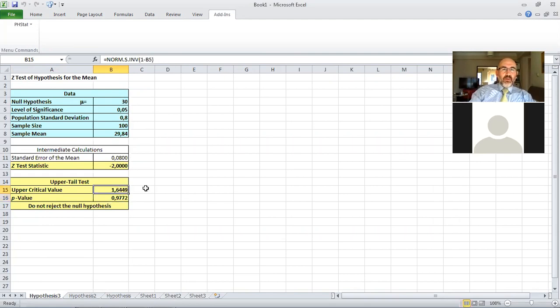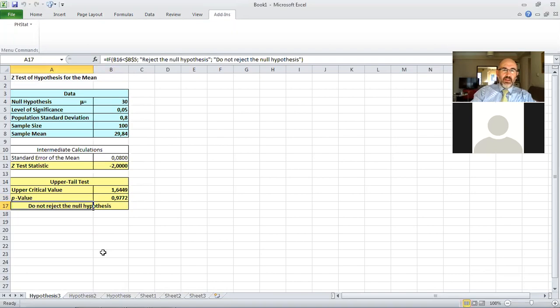What is the critical value? The critical value is actually plus 1.64, not minus 1.64. The p-value is found by 1 minus NORM.S.DIST, and input in there B12. Take the right side, that's why it's doing 1 minus, not taking the left side, and there's no need to multiply by 2.